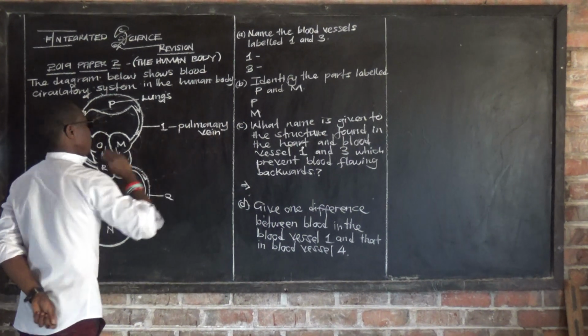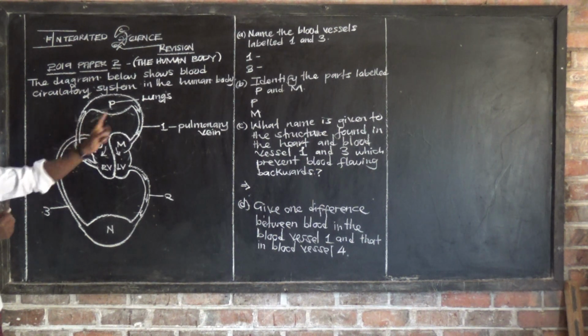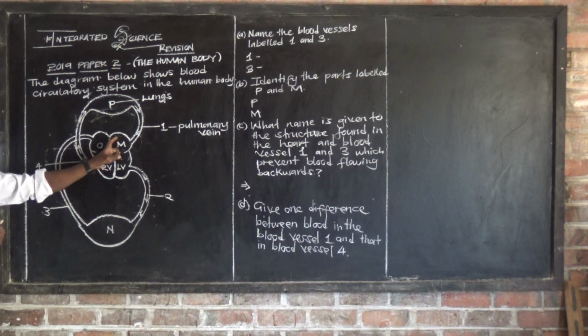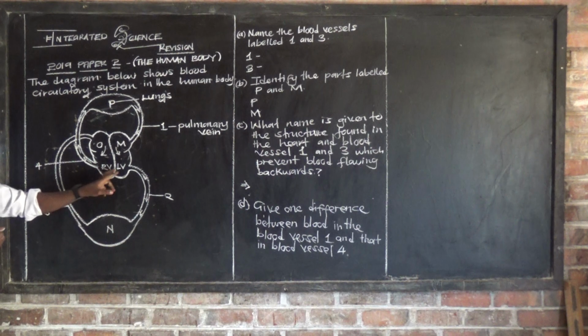Then we have got M, the one which receives oxygenated blood from the pulmonary vein. This one is a chamber. Remember, the heart has got 4 chambers: 1, 2, 3, and 4.